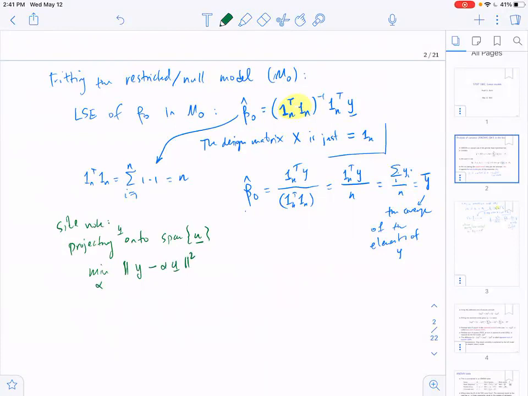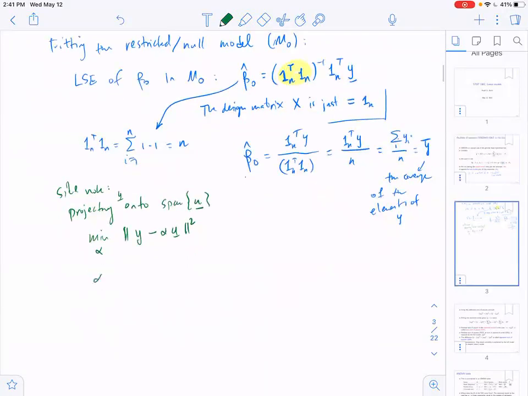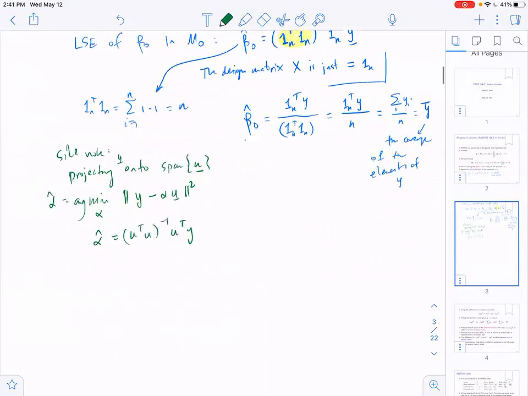And so alpha hat would be u transpose u inverse u transpose y. The projection would be alpha hat u, so u times that, which is the projection matrix applied to y.